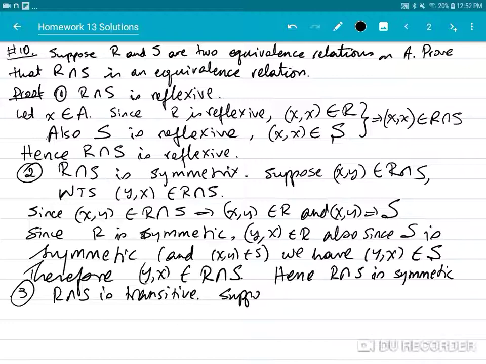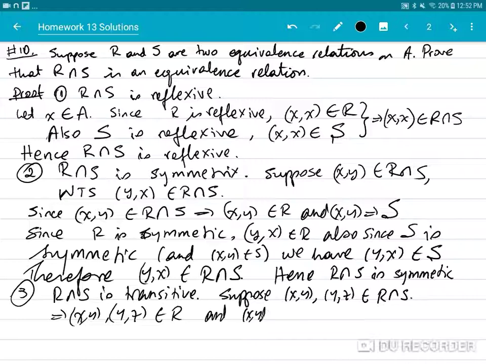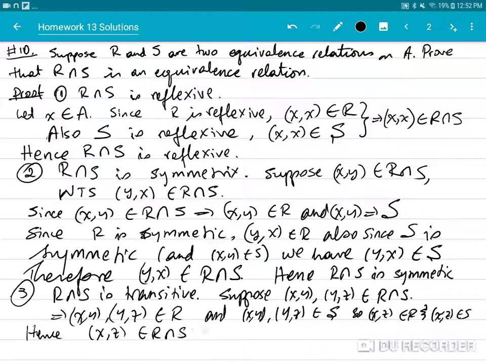Well, suppose (X, Y) and (Y, Z) are both in R intersection S. Well, this means that (X, Y) and (Y, Z) are in R, and (X, Y) and (Y, Z) are in S. But R is transitive, so (X, Z) is in R, and (X, Z) is in S. Hence, (X, Z) is in R intersection S. Then R intersection S is transitive.